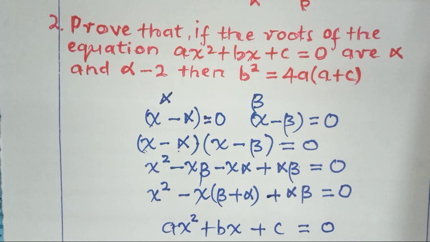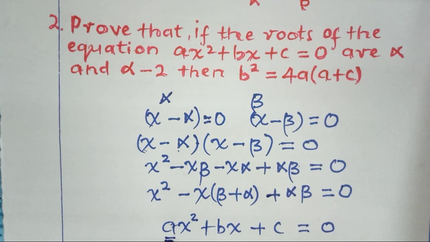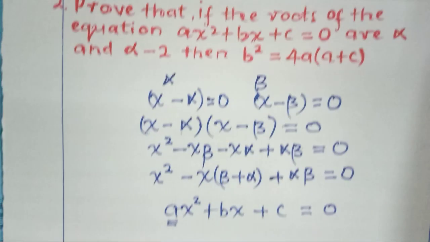If we compare that equation, there are two things we shall notice. We shall notice that here we have an a, but here we have nothing. That nothing is not 0, it is actually 1. So we can say a is equals to 1.